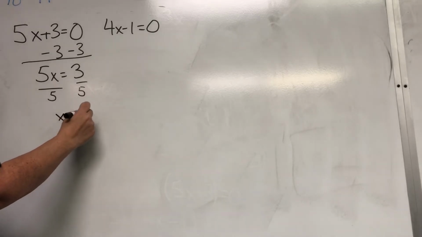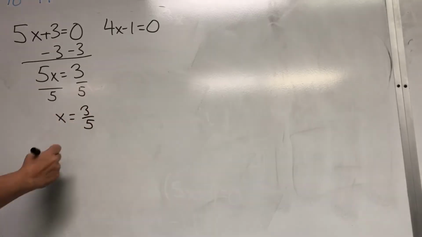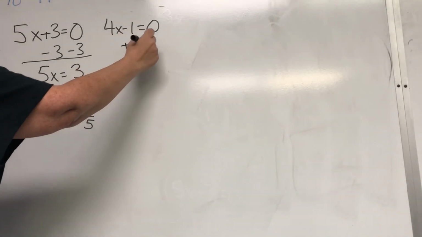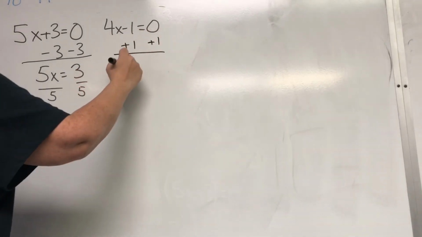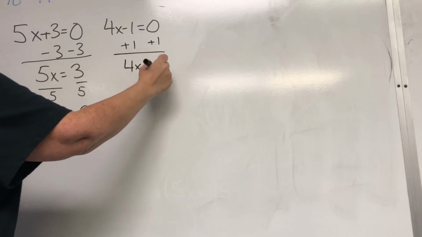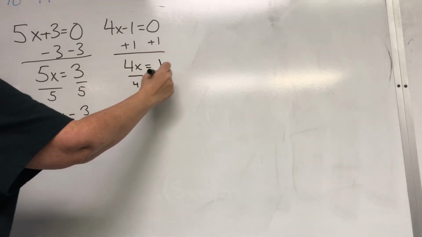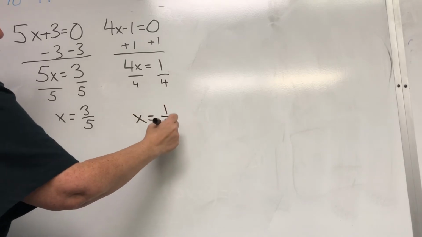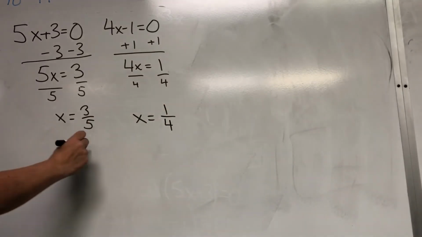I get x equals 3 over 5 as one of my solutions. Here, I add 1 to both sides, and I divide by 4. These are my solutions.